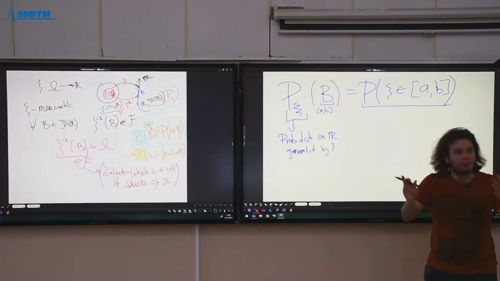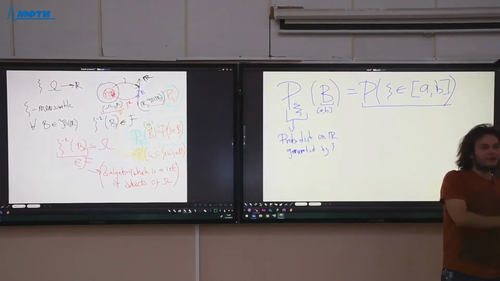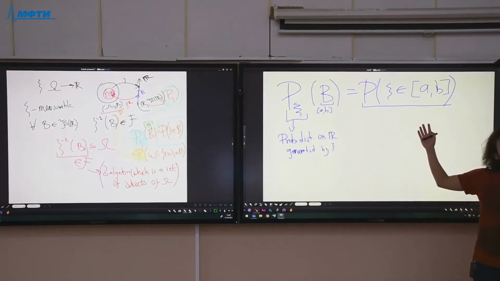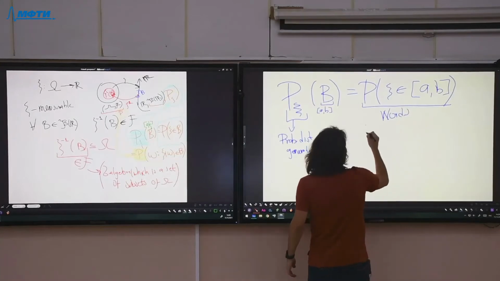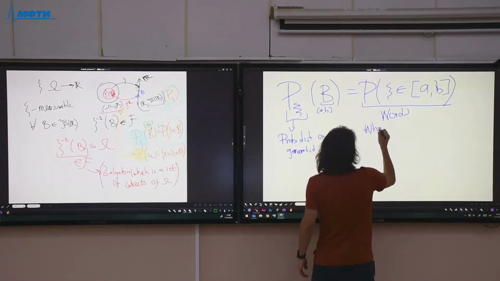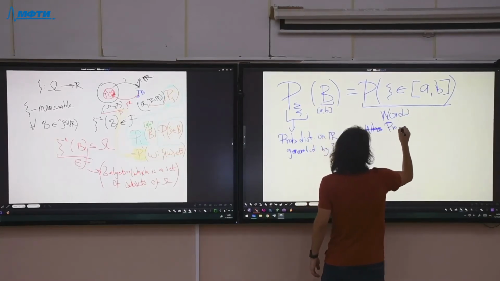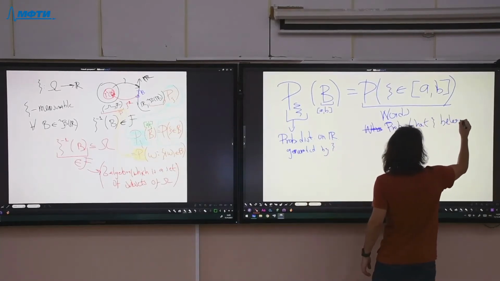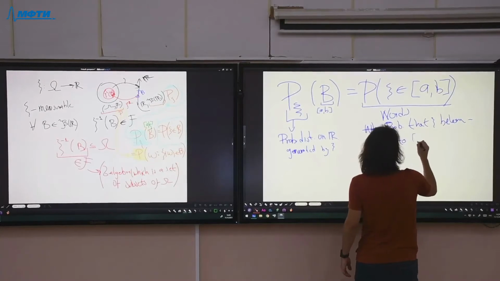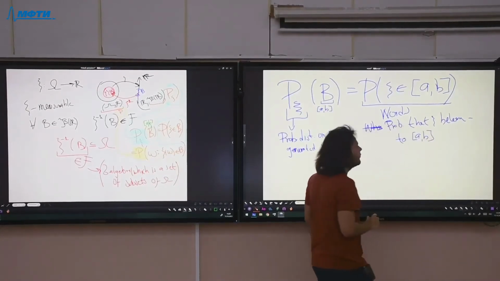What is the probability that blah blah blah? So this is the meaning in the real world, in words. This is the probability that psi belongs to A and B, right?